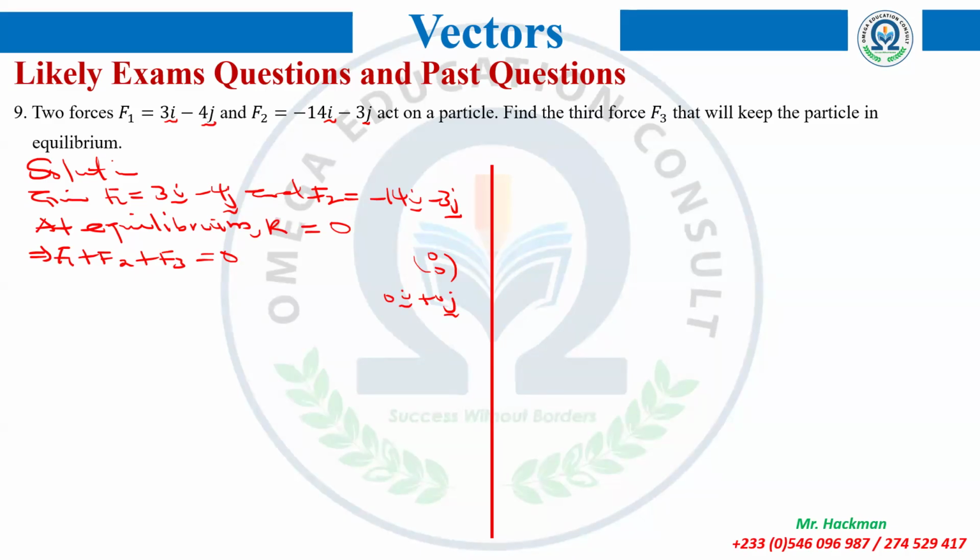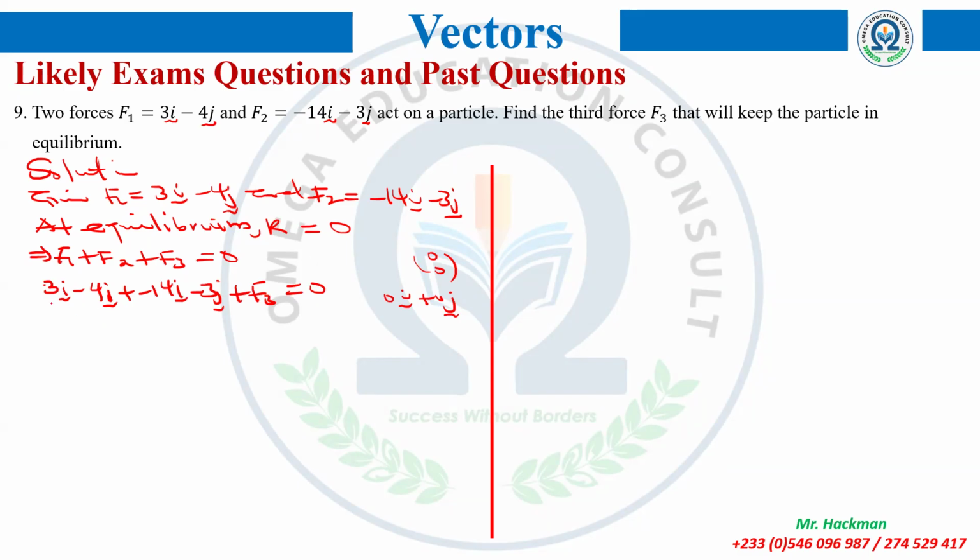So in this case, this implies that I'm going to get my F1, which is 3i tilde minus 4j tilde, plus F2, which will give me minus 14i tilde minus 3j tilde, plus F3, which should be equal to 0. So now you add these two and you move it to the other side.